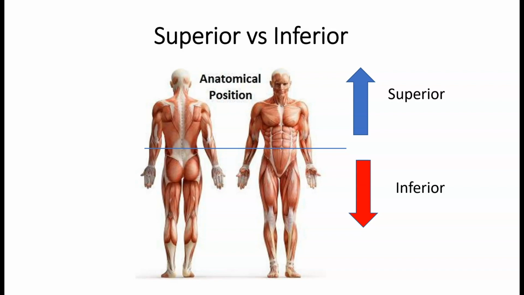Superior also has another term that you might come across, and that is cranial, and just think of the skull's cranium. And inferior also has another term, and that term is caudal. Caudal literally means toward the tail. So think of the tail as being below, and anything down in that direction is inferior.